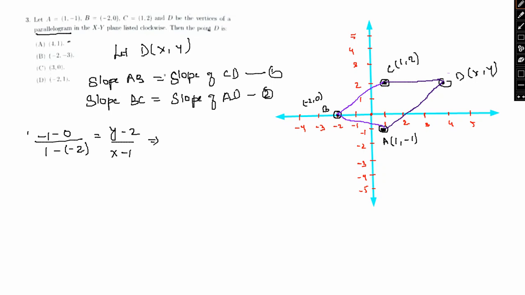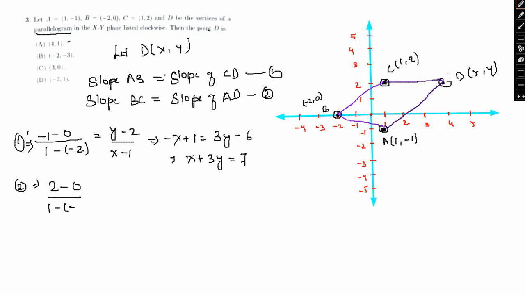So this would give us -x plus 1 equal to 3y minus 6, or x plus 3y is equal to 7. Okay, this is my first equation. Similarly, for the slope of BC, we have (2 minus 0) divided by (1 minus of -2) is equal to (y minus of -1) by (x minus 1).